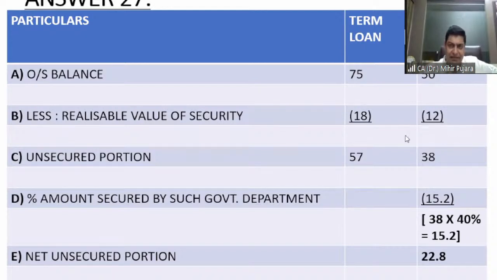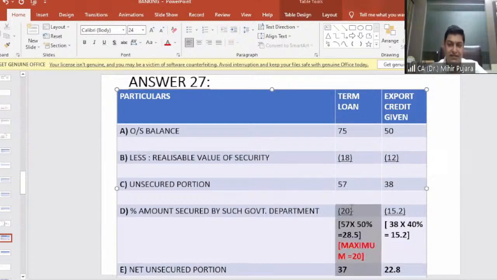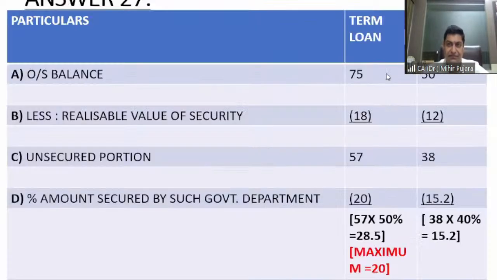But here in term loan, when you apply percentage on this 57, then you should not go beyond 20. You cannot go beyond 20. Yes, guys. So it will be like this. Okay, I hope now it is clear.